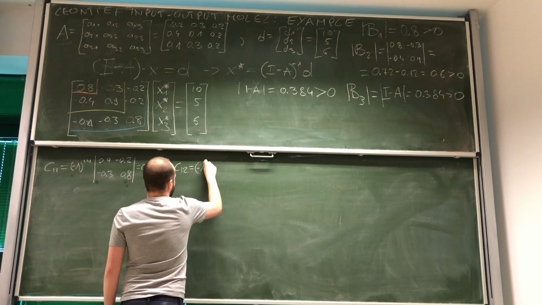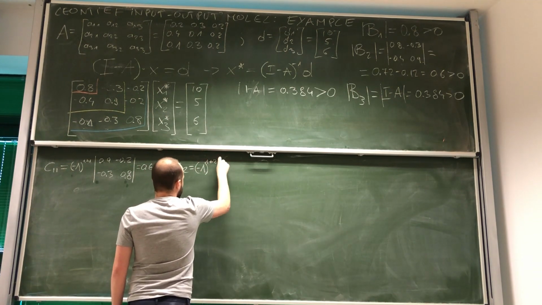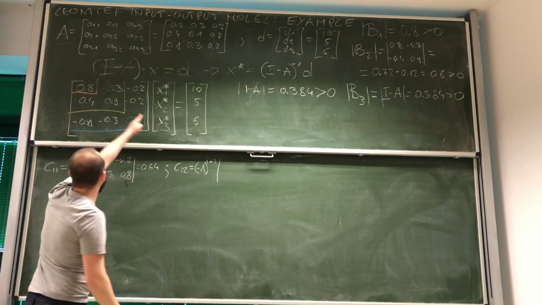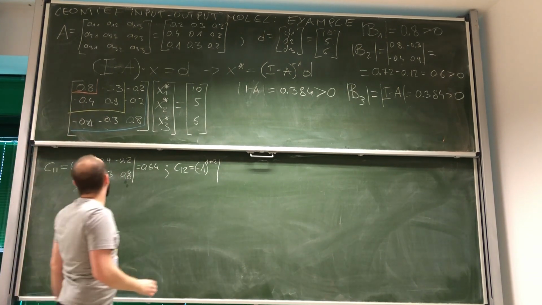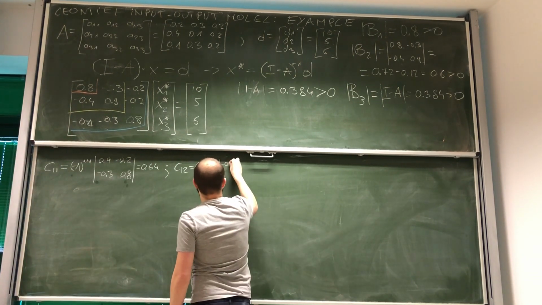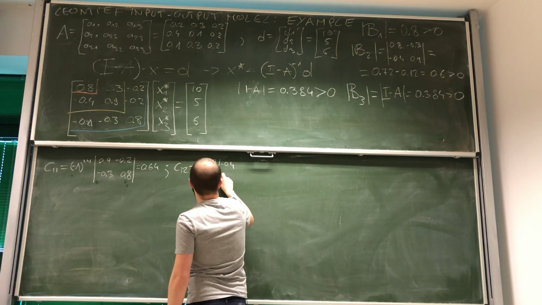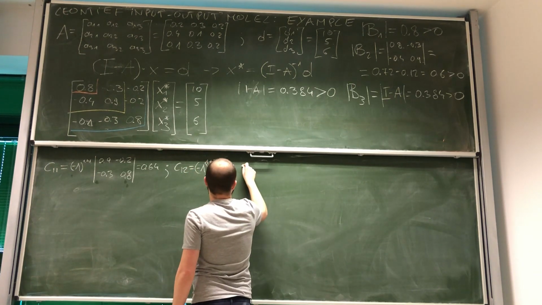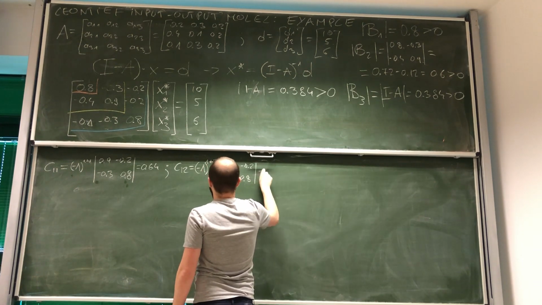Okay, then we will have C12, right? So this is negative 1 to the power 1 plus 2 times, if I delete first row, second column, I get negative 0.4, negative 0.1, negative 0.2, 0.8.